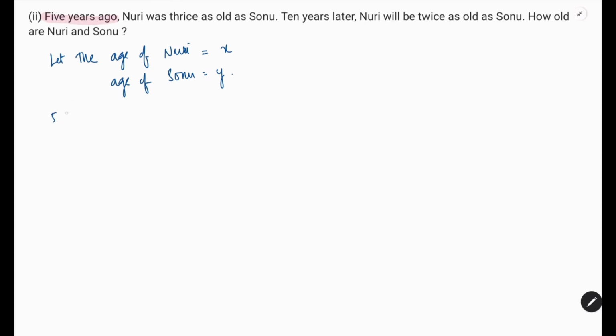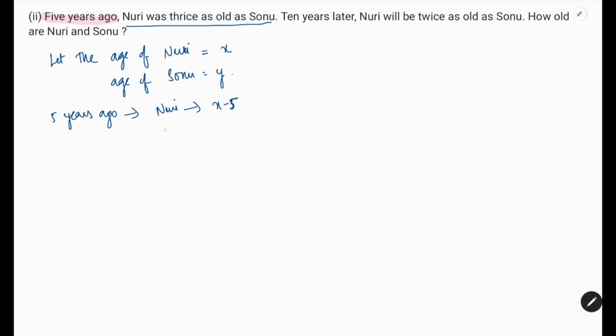What is the scenario 5 years ago? Noori was thrice as old as Sonu. So 5 years ago, the age of Noori will be x minus 5. Before 5 years, any person's age will be the present age minus 5.